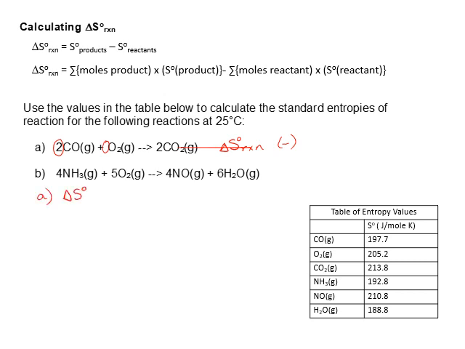Putting in the values from the table, delta S naught reaction should be equal to 2 times the entropy of the product CO2 minus 2 times the entropy of carbon monoxide and minus the entropy of oxygen.